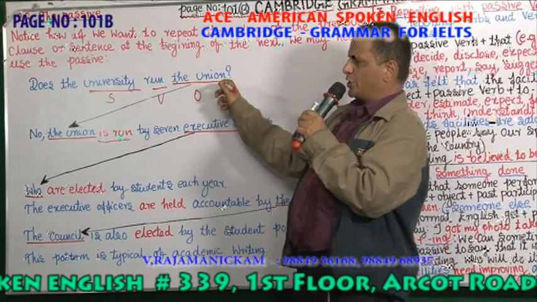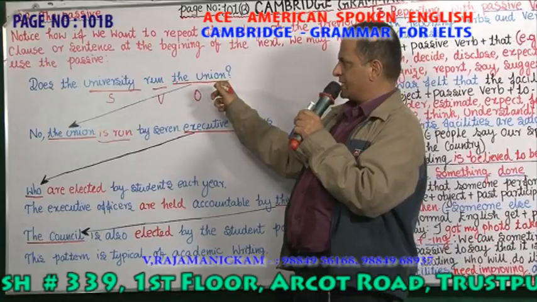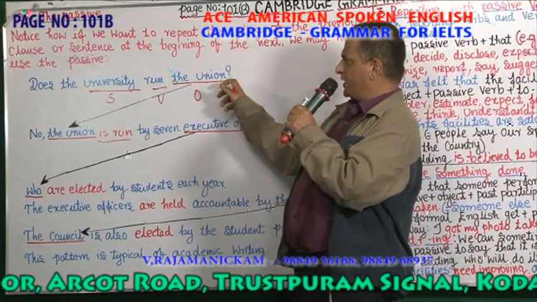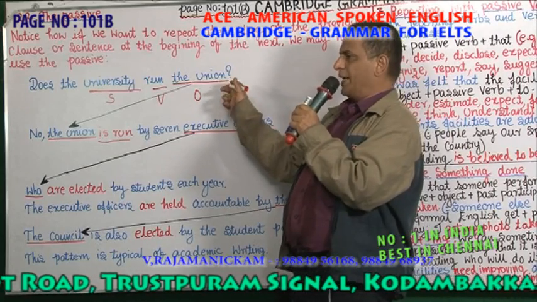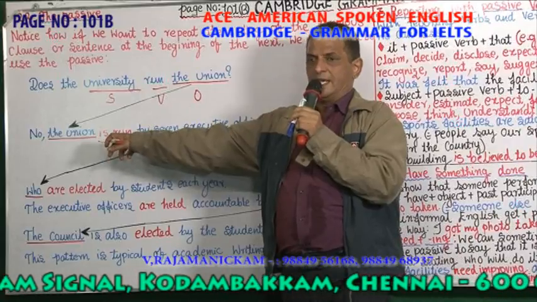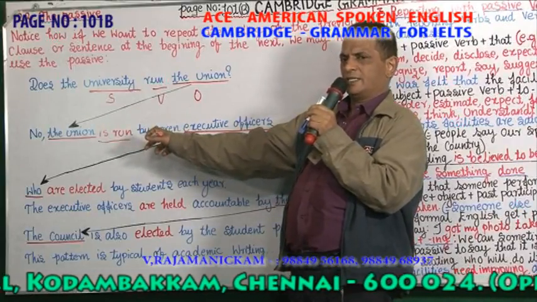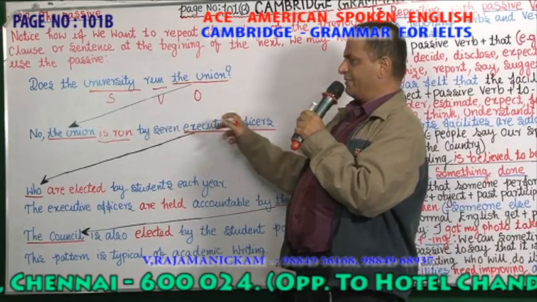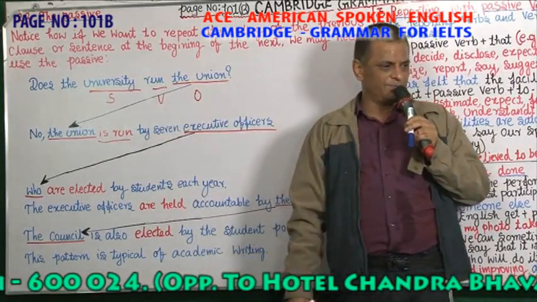The sentence which is over, the first sentence, the object of the sentence becomes the subject of the next sentence. And then you are using the passive verb: is run by 7 executive officers, right?